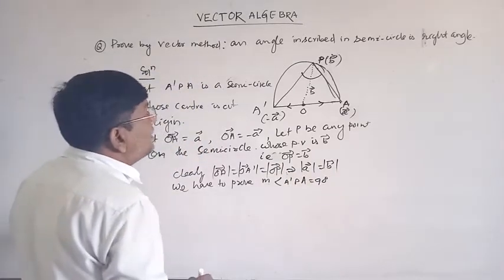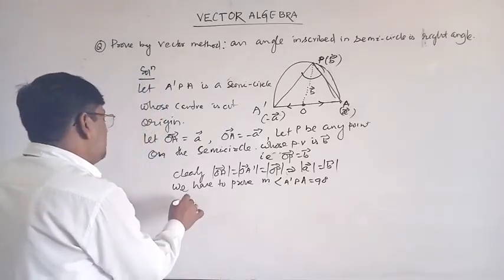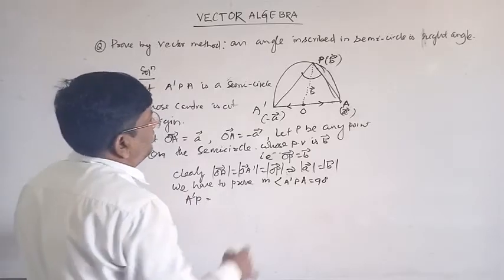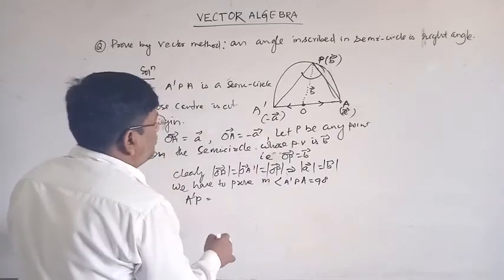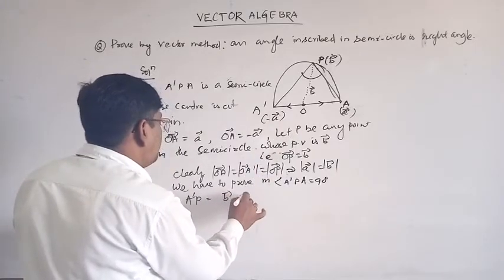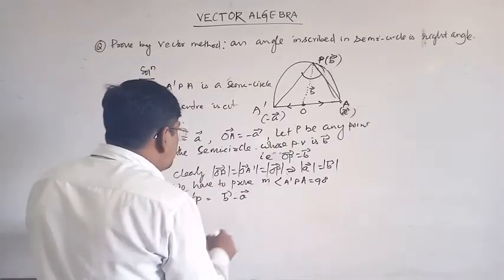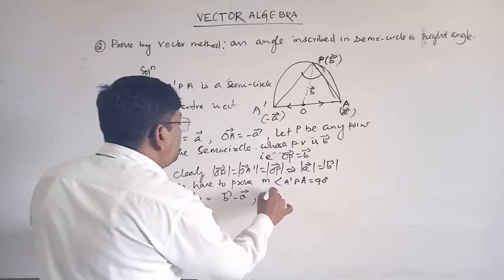Now what is A'P? A'P is equal to B minus A, vector B minus vector A. Now what is AP?